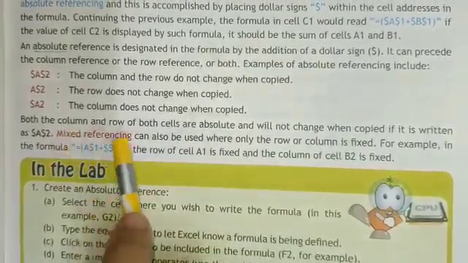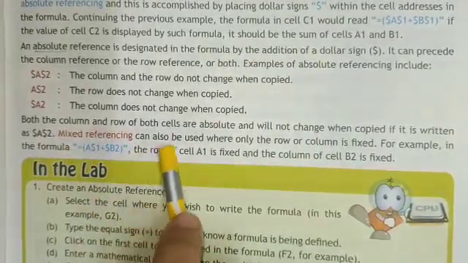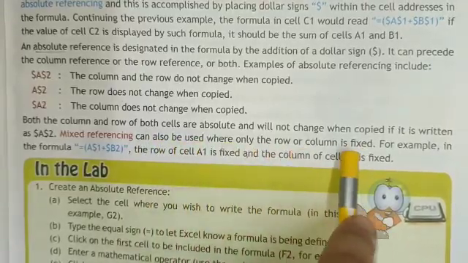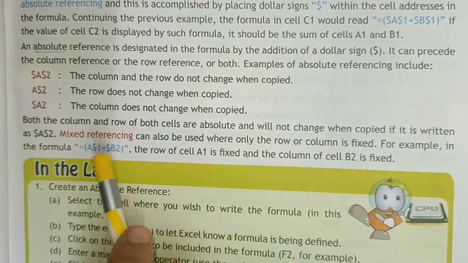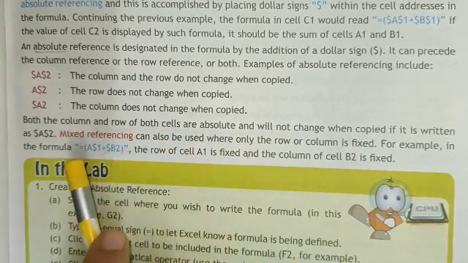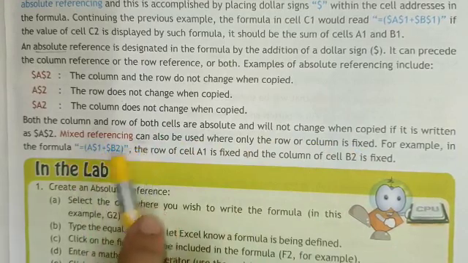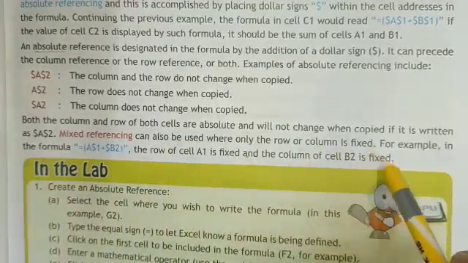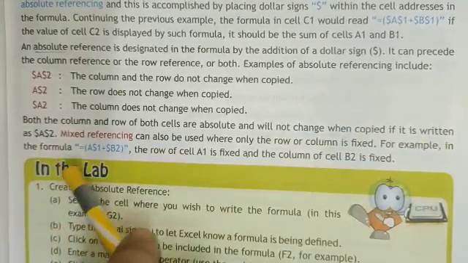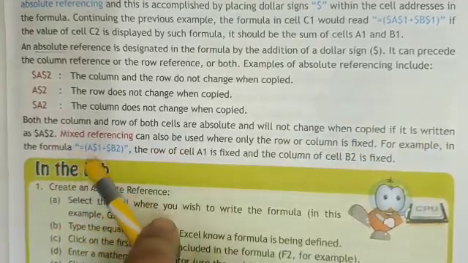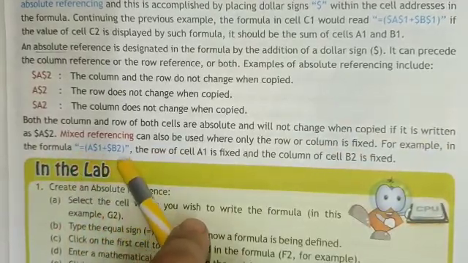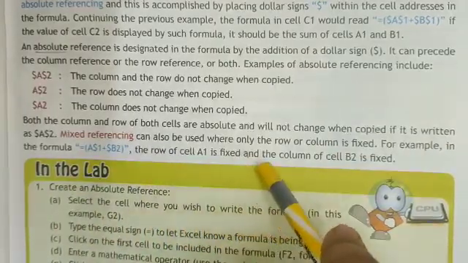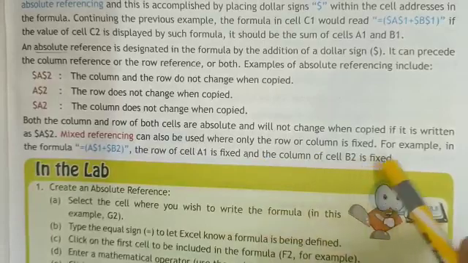Now, mixed referencing can also be used when only the row or column is fixed. For example, in the formula equal A$1 plus $B2, the row of cell A1 is fixed and the column of cell B2 is fixed.